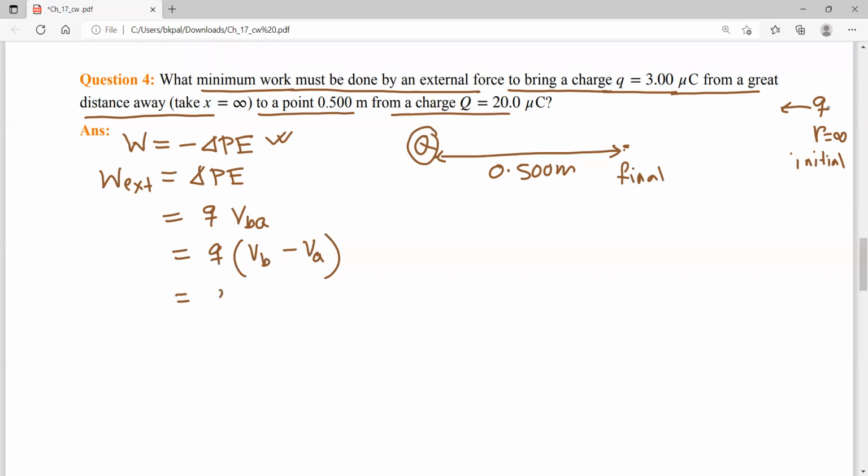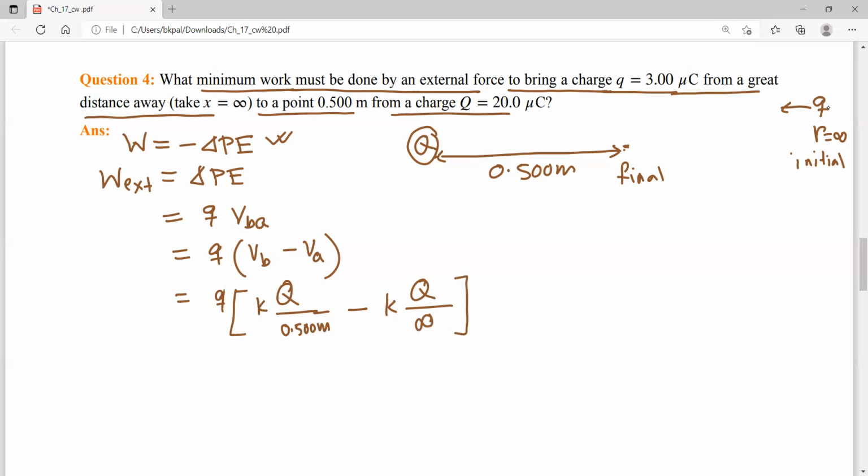At this point, VB will be kQ over r. Here this is the capital Q, so the potential is due to capital Q, and r is equal to this distance, 0.500 meter. VA is very similar, but then r is equal to infinity.